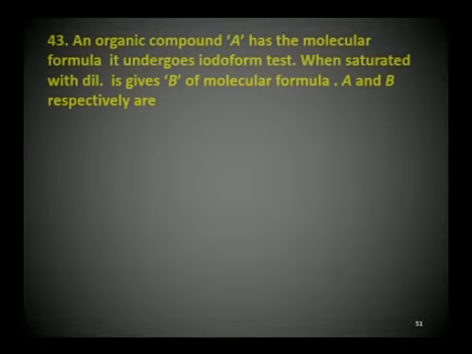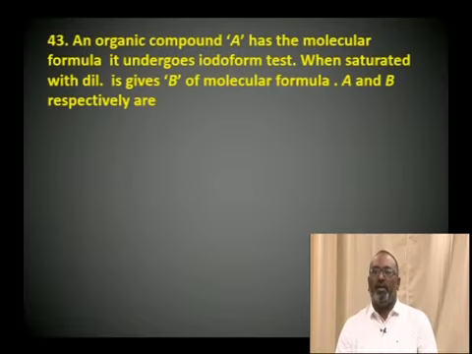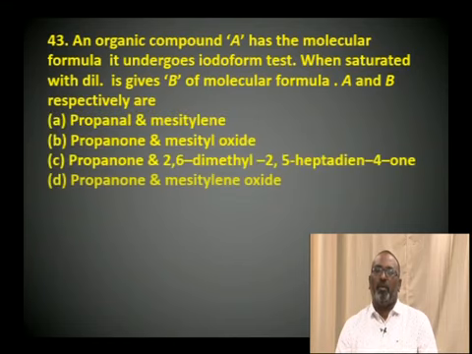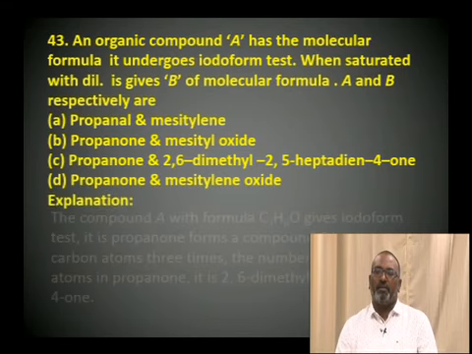Question number 43. An organic compound A has the molecular formula and it undergoes iodoform reaction. When saturated with dilute H2SO4, it gives B of molecular formula. A and B respectively are: propanol, mesitylene; propanone and mesityl oxide; propanone, 2,6-dimethyl-2,5-heptadiene-4-one; propanone, mesitylene oxide.